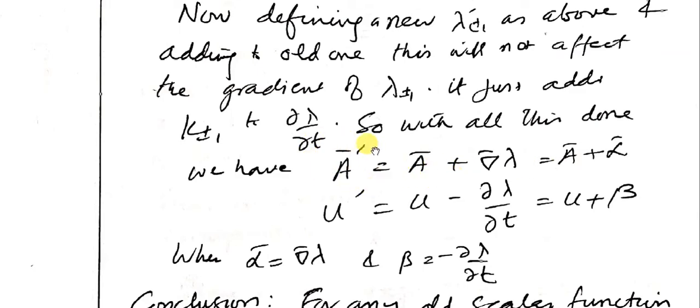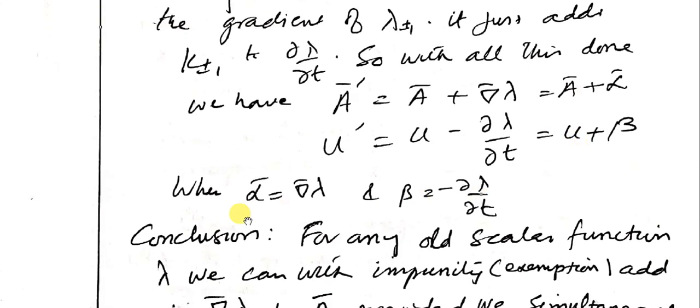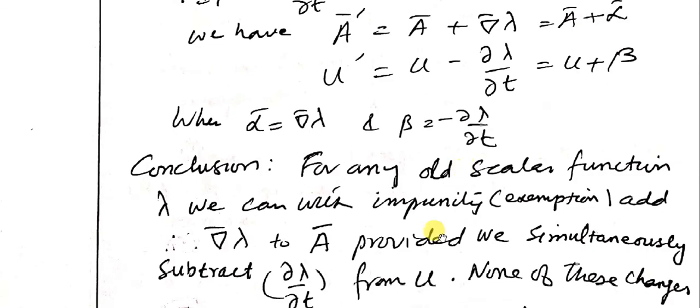B prime is equal to B. Similarly, U prime is equal to U minus ∂λ/∂t, which is equal to U plus β. So in adding a change in the electric scalar potential U, it will not affect the main field. Here α, obviously a vector, is equal to gradient of λ, and β is equal to minus ∂λ/∂t. So here we have the conclusion.